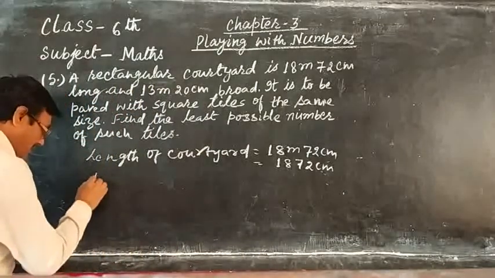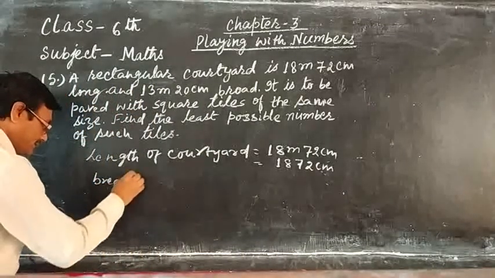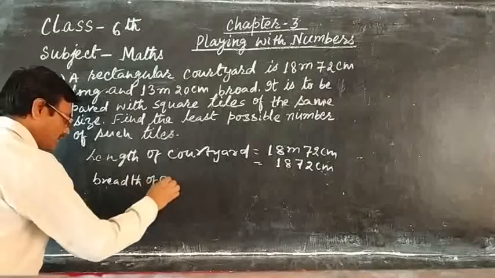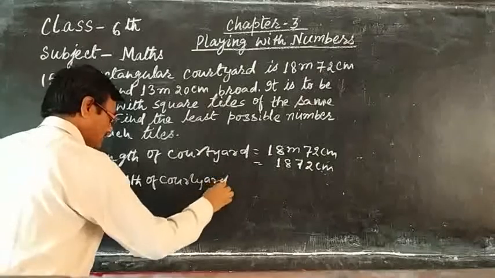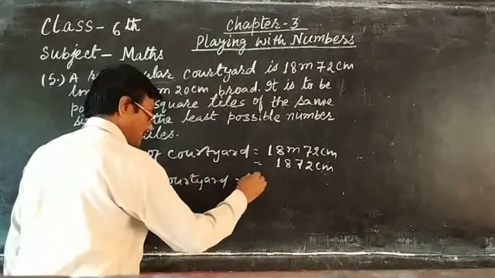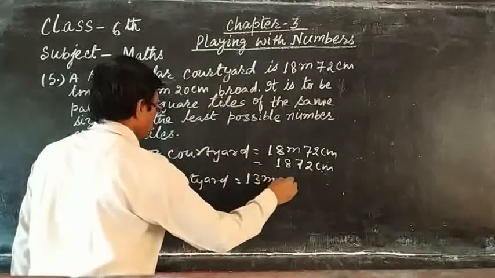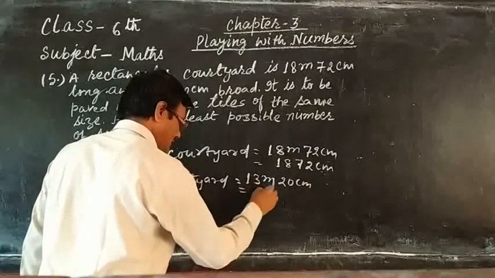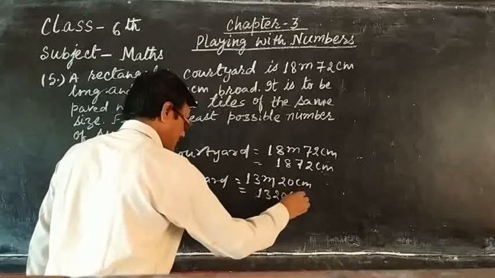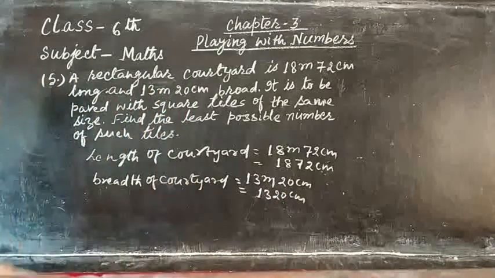Again, the breadth of the courtyard is equal to 13 meter 20 cm, which means 1320 cm. Now children, we get the HCF.